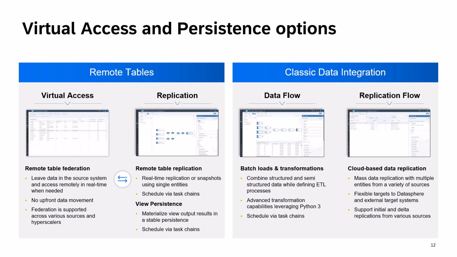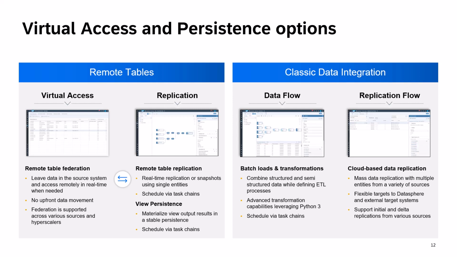What you can do in addition with these remote tables is switch to a replicated access. So meaning you can create snapshots of data or enable real-time replication if the source supports that, right? You could schedule those snapshots, for example, via task chains.